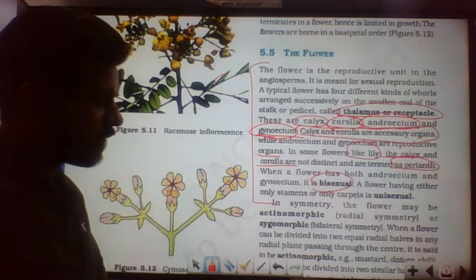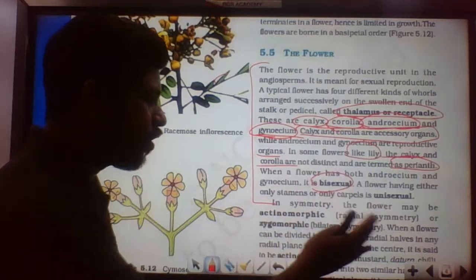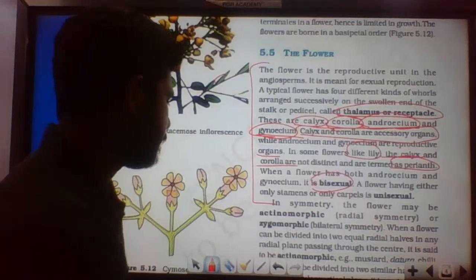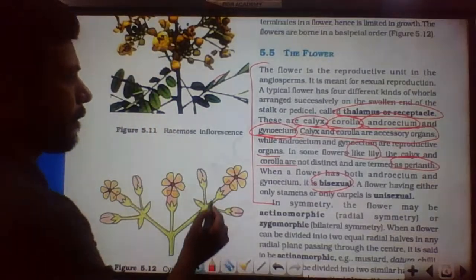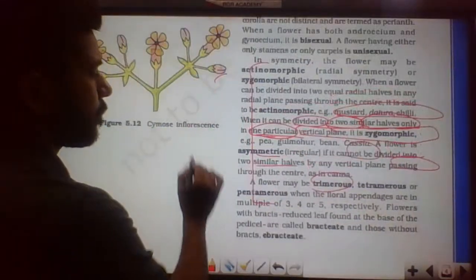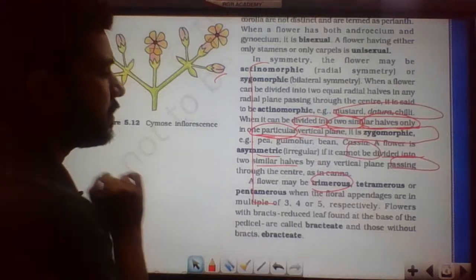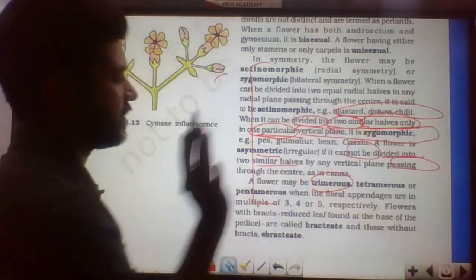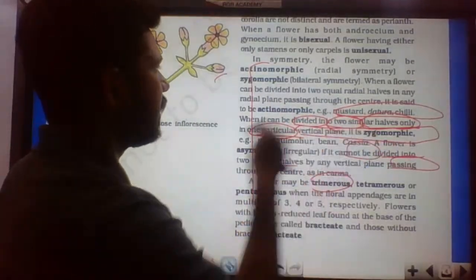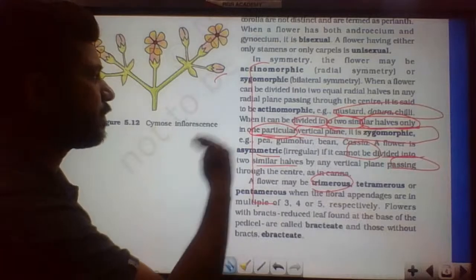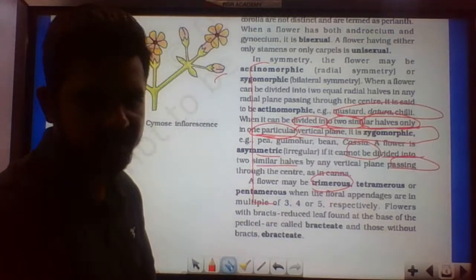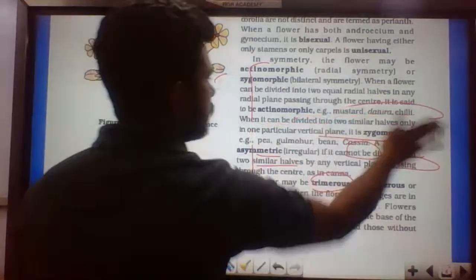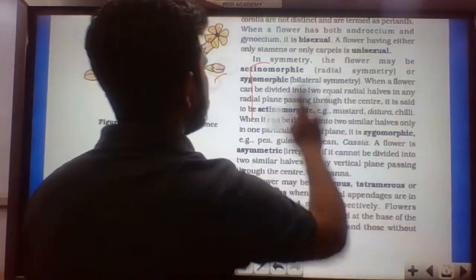Let me discuss actinomorphic and its examples, zygomorphic and its examples, and asymmetric and its examples. From an examination point of view, we can expect a question based on the examples, like which types of flowers are actinomorphic and which are zygomorphic. So it's very important.